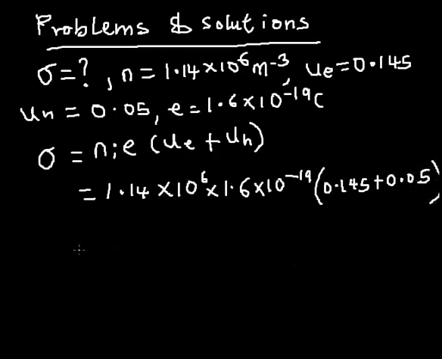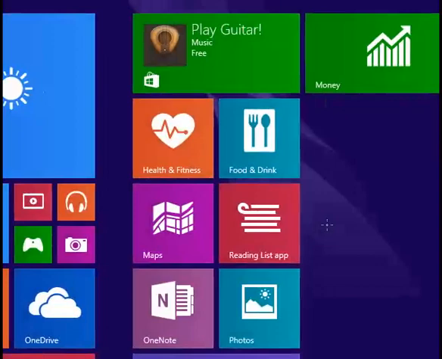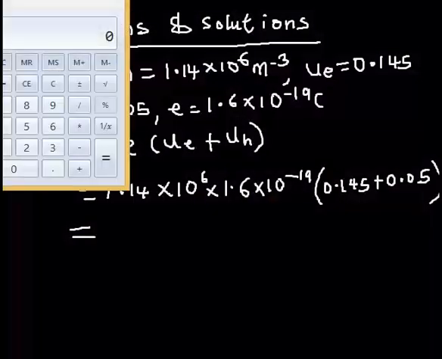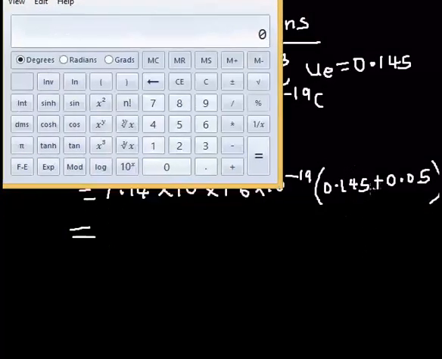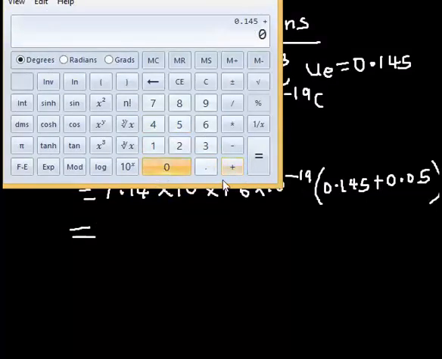So let's work on this. I think definitely we need a calculator. Here we go. Let me work on the bracket first: 0.145 plus 0.05.